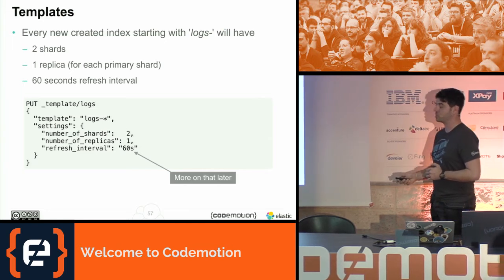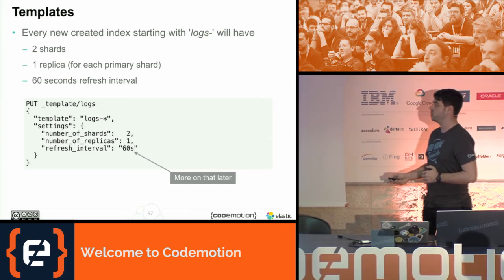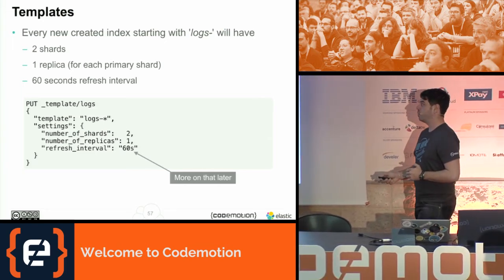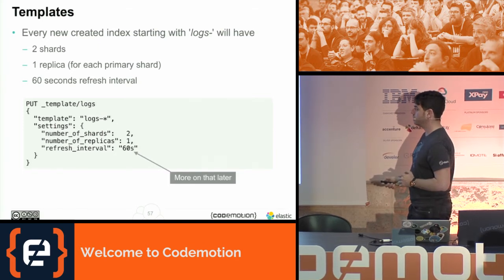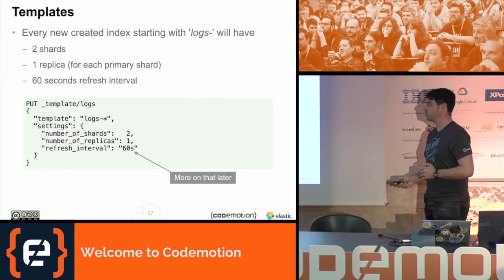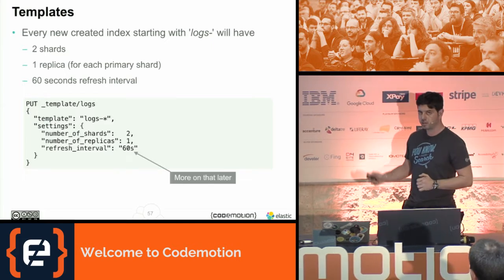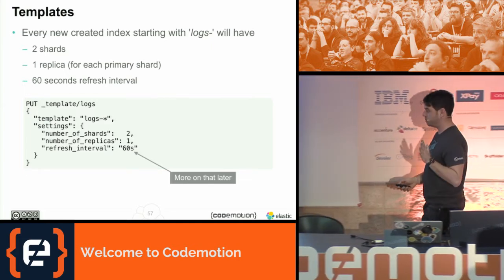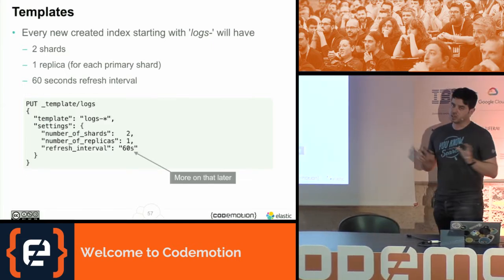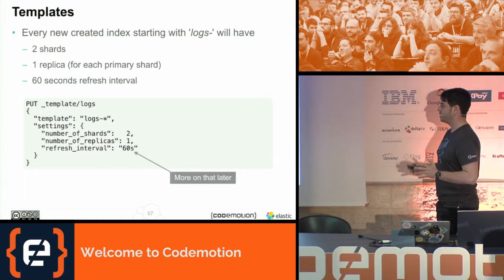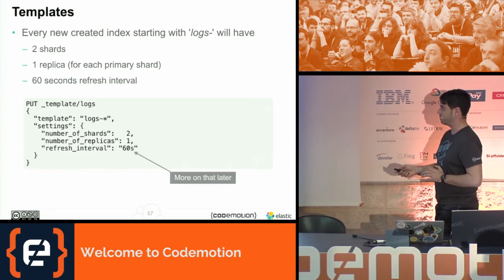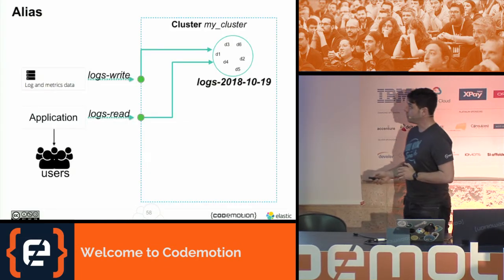In this case, we force the index to be created with 2 primary shards and a replication factor equal to 1. We also set the refresh interval to 60 seconds. We'll see later what that means. Note that the default setting for primary shards is 5 primary shards. There's discussion on changing that, so keep an eye on it. It's maybe something that's going to change in the future.